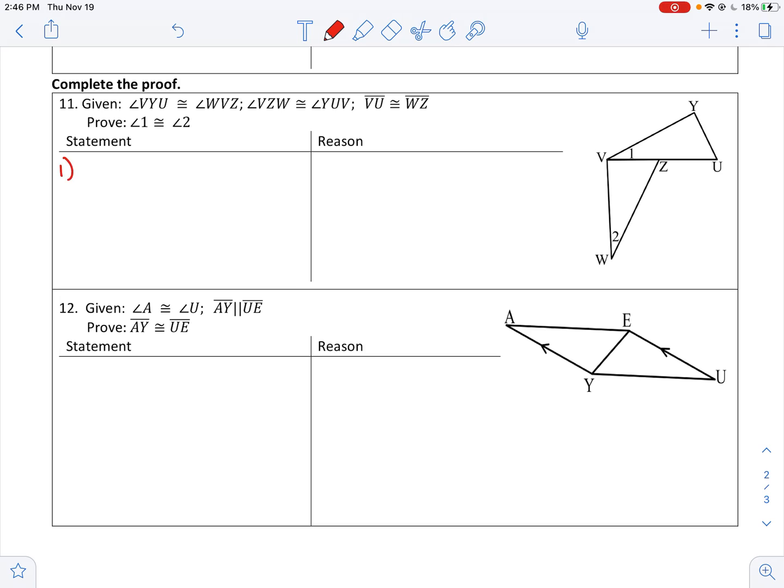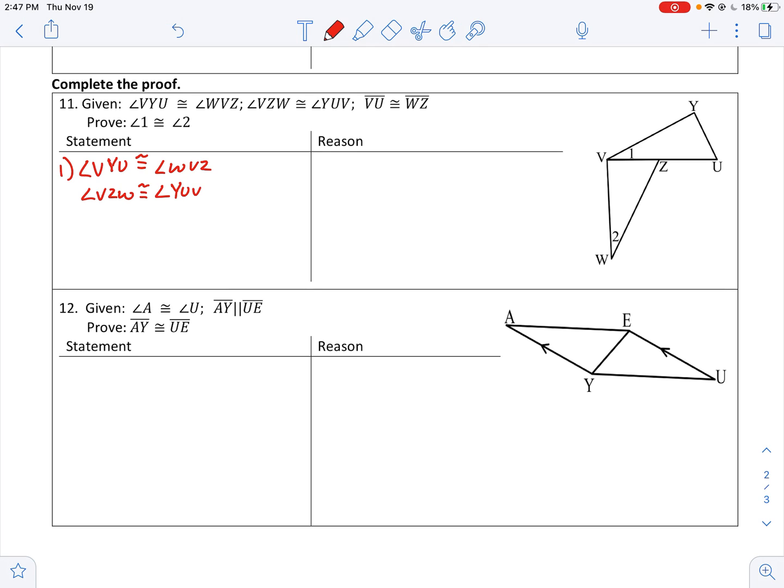All right, first thing we got to do. Copy them down. VYU. I can never do capital Y's. VYU is congruent to WVZ. I'm also given VZW congruent to YUV.